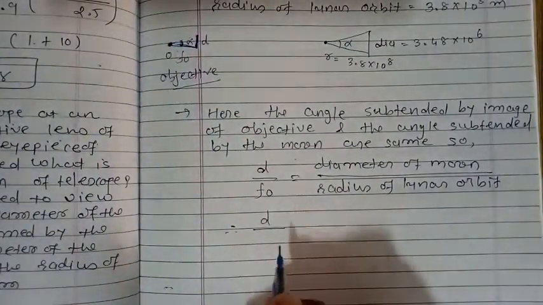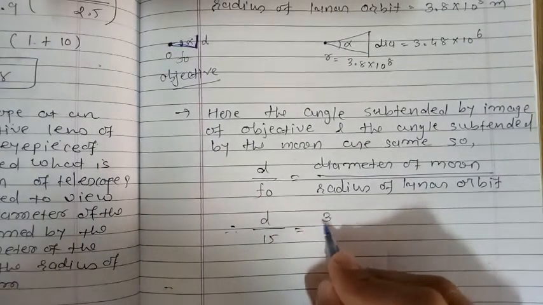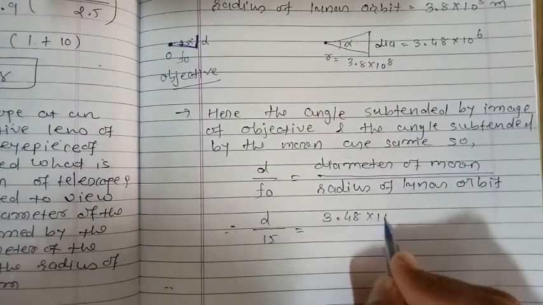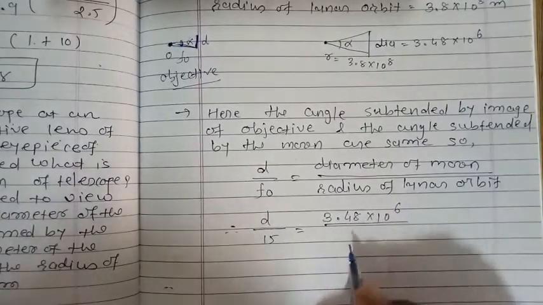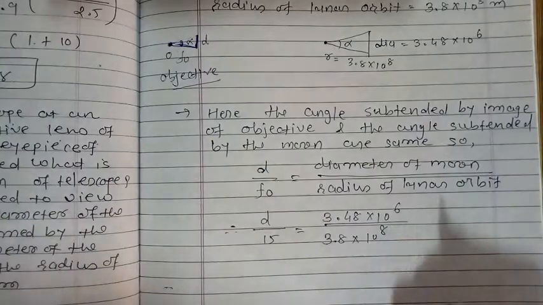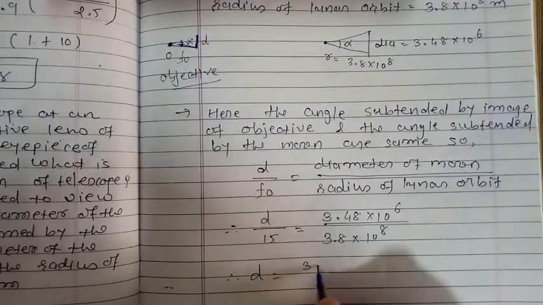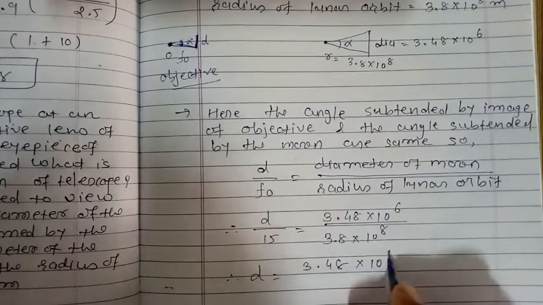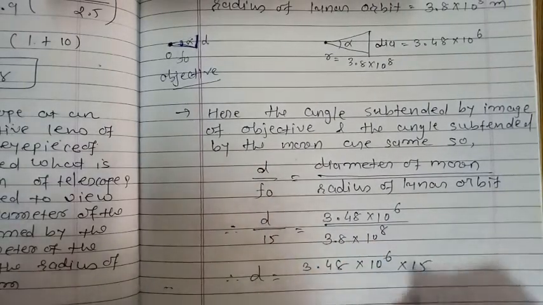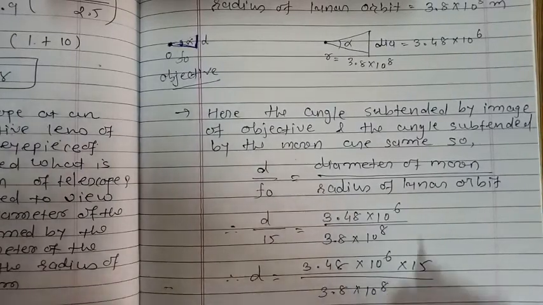We know the value of FO is 15, the diameter of the moon is 3.48 into 10 raised to 6, and the radius of the orbit is 3.8 into 10 raised to 8. So d is equal to 3.48 into 10 raised to 6 into 15 divided by 3.8 into 10 raised to 8.